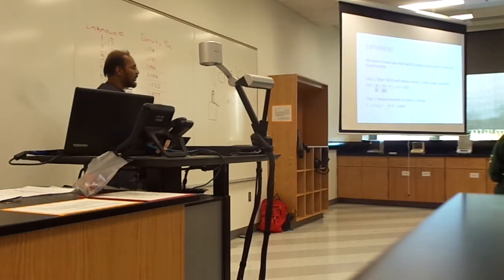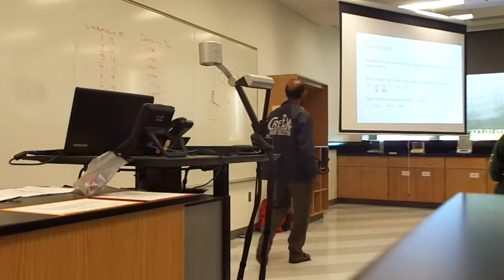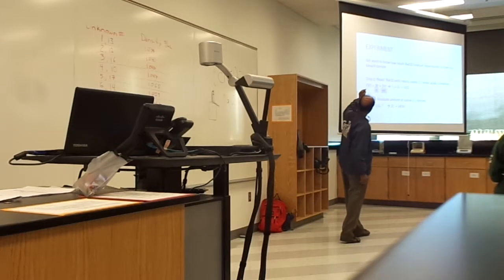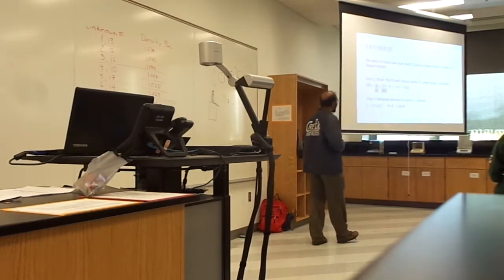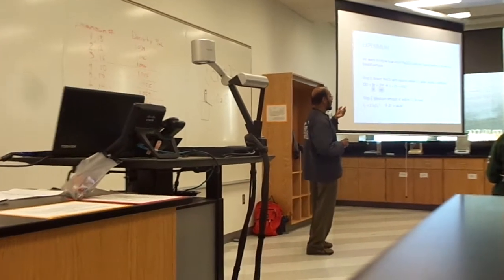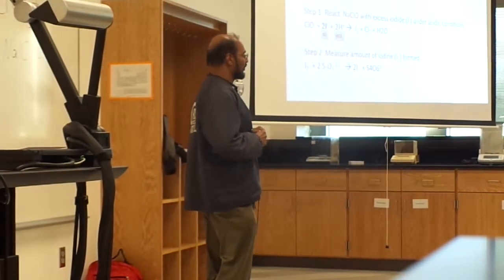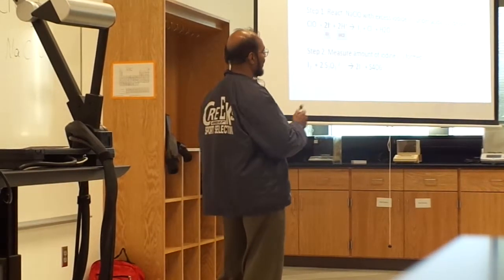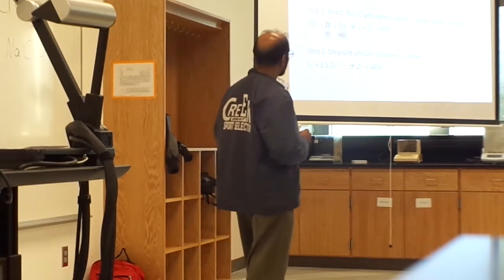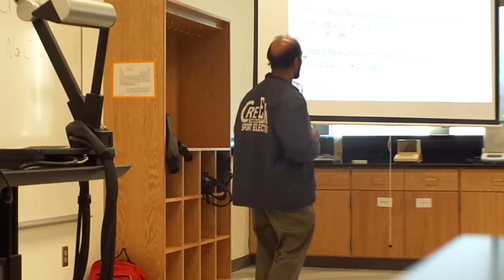In the experiment, we want to measure the amount of sodium hypochlorite in a sample of bleach. Last time when you did a titration, you reacted sodium hydroxide with hydrochloric acid and then used an indicator to find the endpoint. But there is no direct reaction that you can do to titrate sodium hypochlorite.